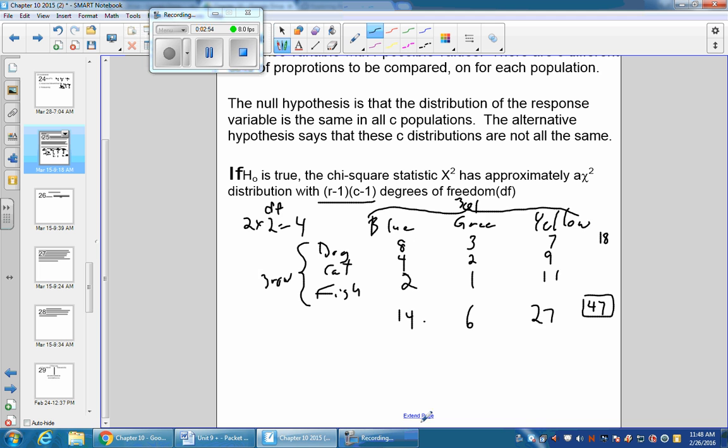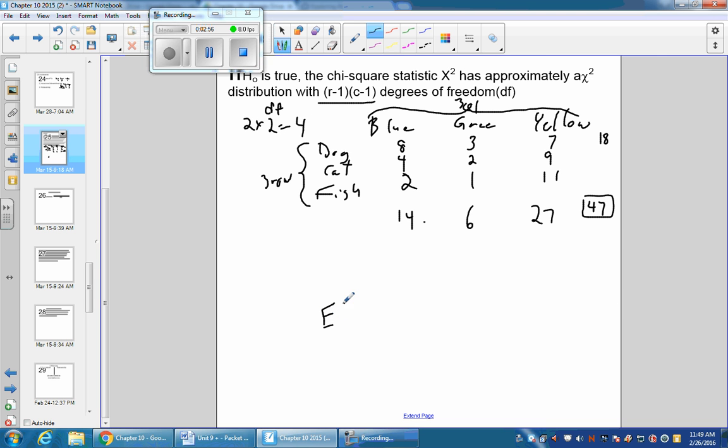So if I want to find my expected values, the first value in the upper left-hand corner would be 14 times 18, all divided by my total, which is 47. Now my next value here would be 6 times 18, all divided by the total of 47.